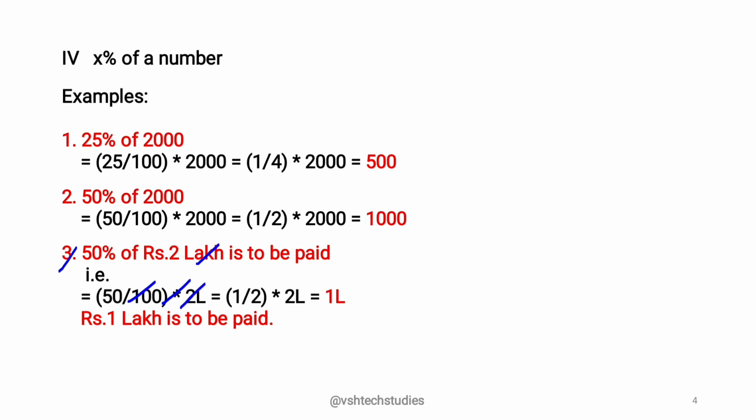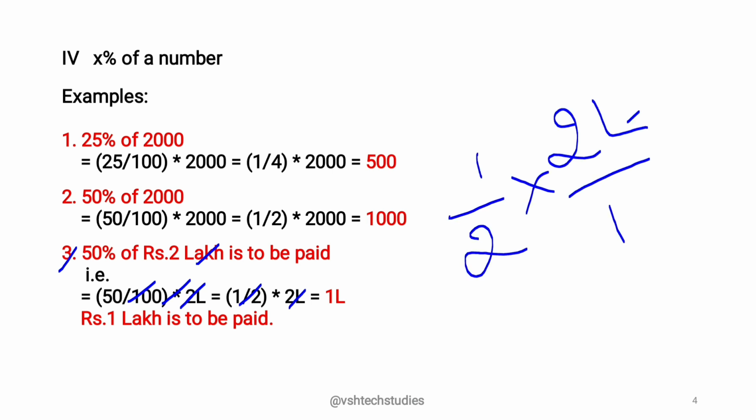So 50 by 100 is 1 by 2, into 2 lakh. 1 by 2 into 2 lakh gives 1 lakh. So the answer is 1 lakh. 50% of 2 lakh to be paid means rupees 1 lakh is to be paid. This is how x percent of a number can be calculated.